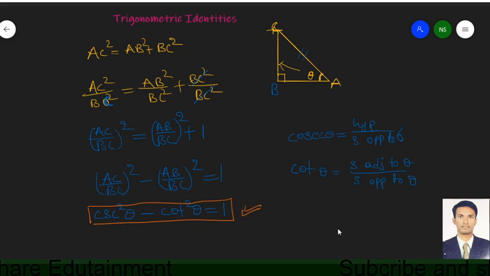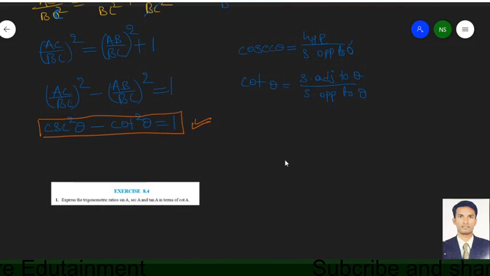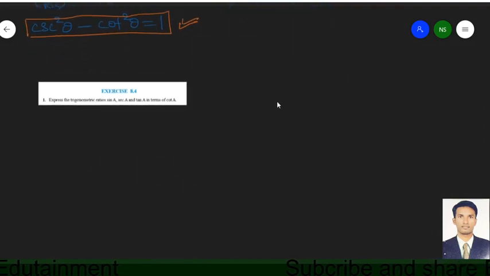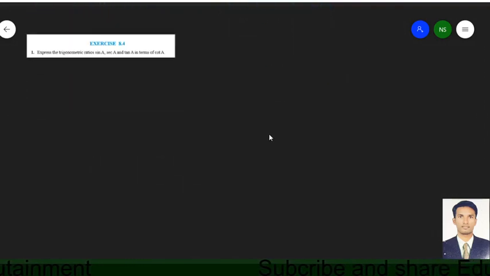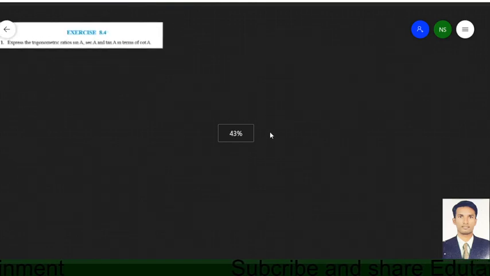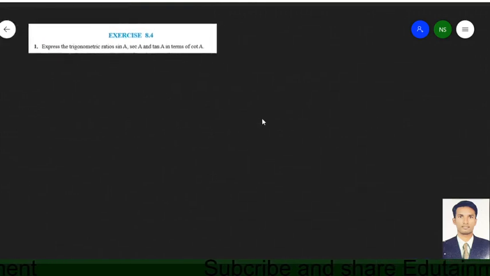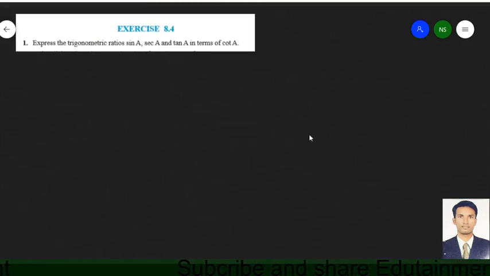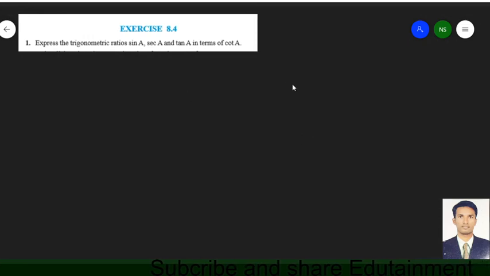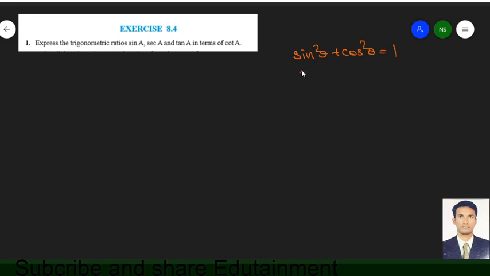Okay, so let us rewrite our three identities here. Again, we have mainly three identities. One is sine square theta plus cos square theta, which is equals to 1.